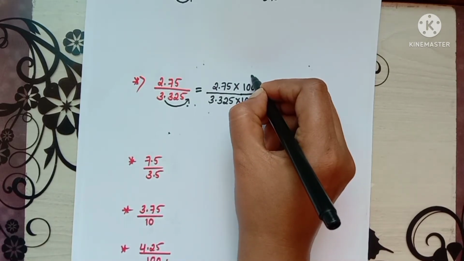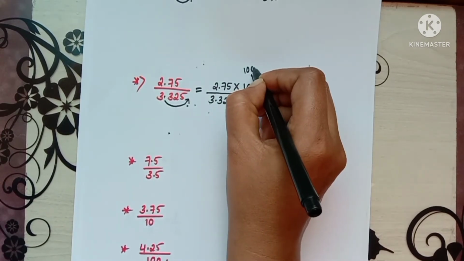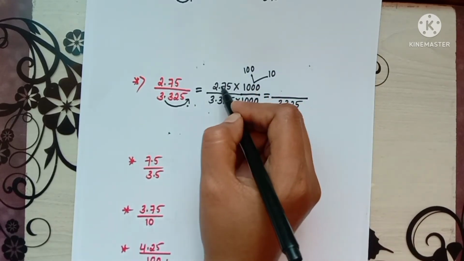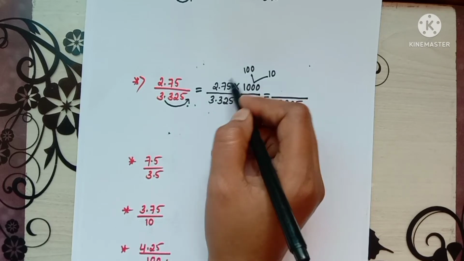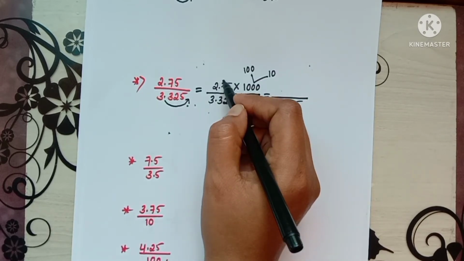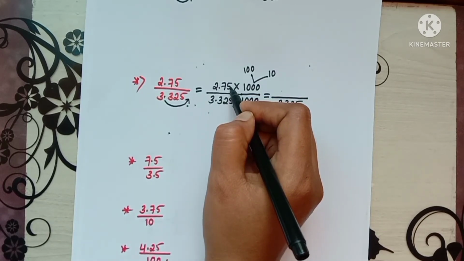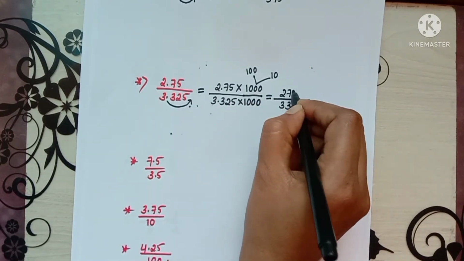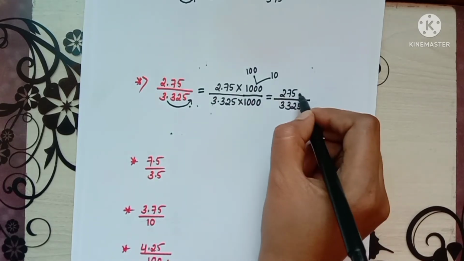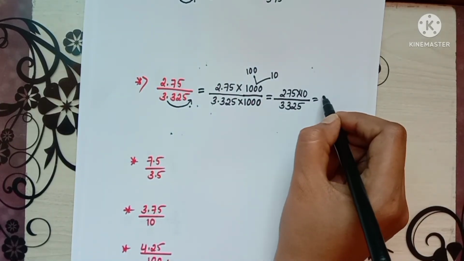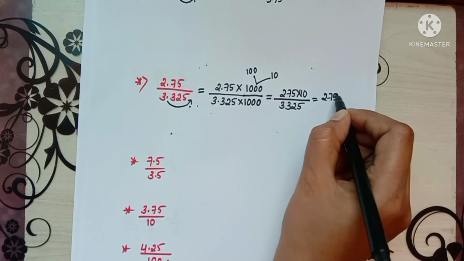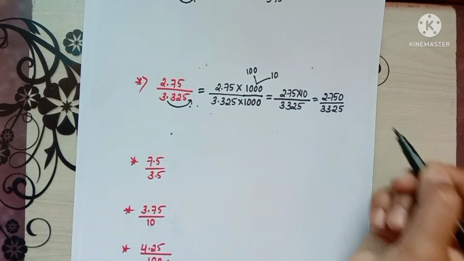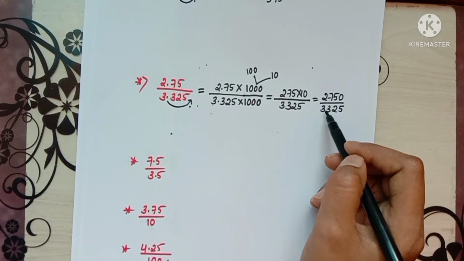Here 1000 means what? 100 multiplied by 10 means 1000. So if I shift by 2 digits, means we have to multiply it by 100. This will be what? 275. Remaining is what? 10. It means this will be 2750 divided by 3325. Now you can divide this number easily.